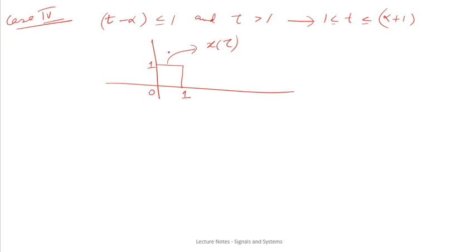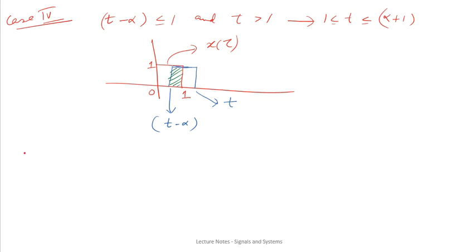Now if t minus alpha is less than 1 but t is greater than 1, the waveform of h(t minus tau) can be represented by this, where this will become t and this is t minus alpha, and this portion is called the period of overlapping.